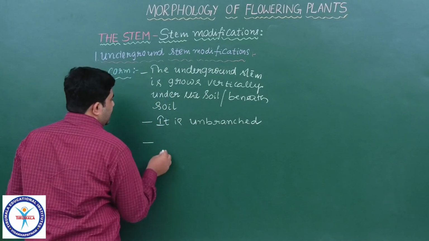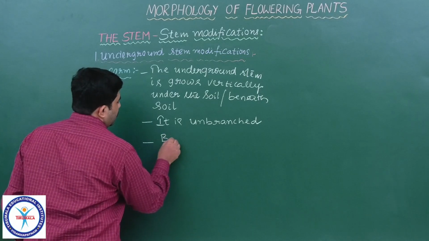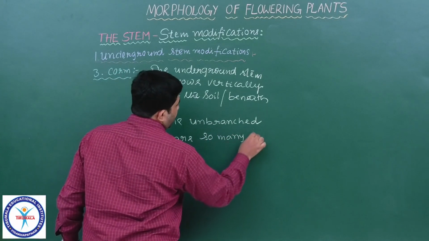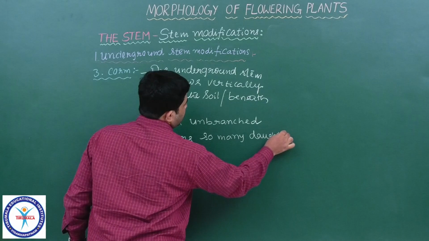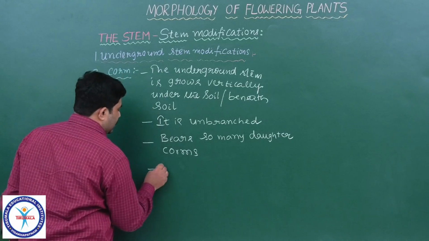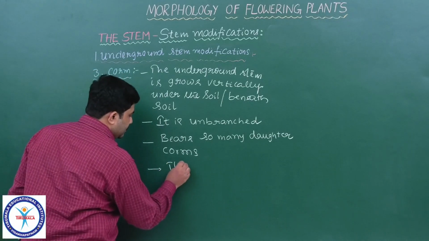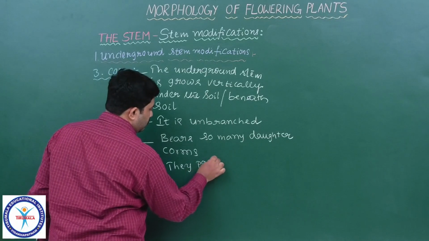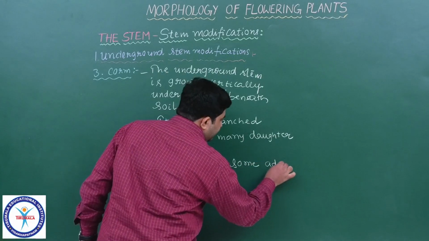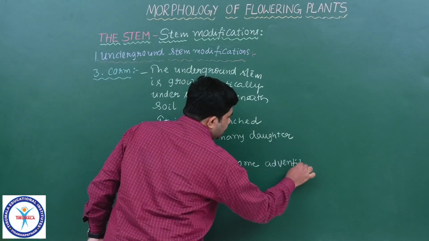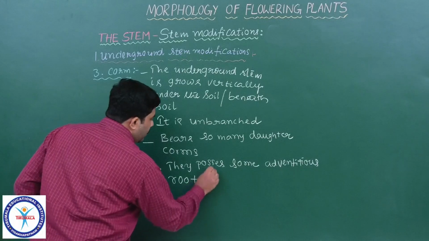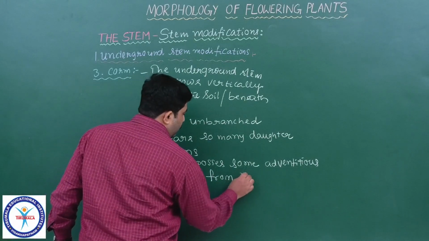It bears many daughter corms, and they possess some adventitious roots from the nodes.